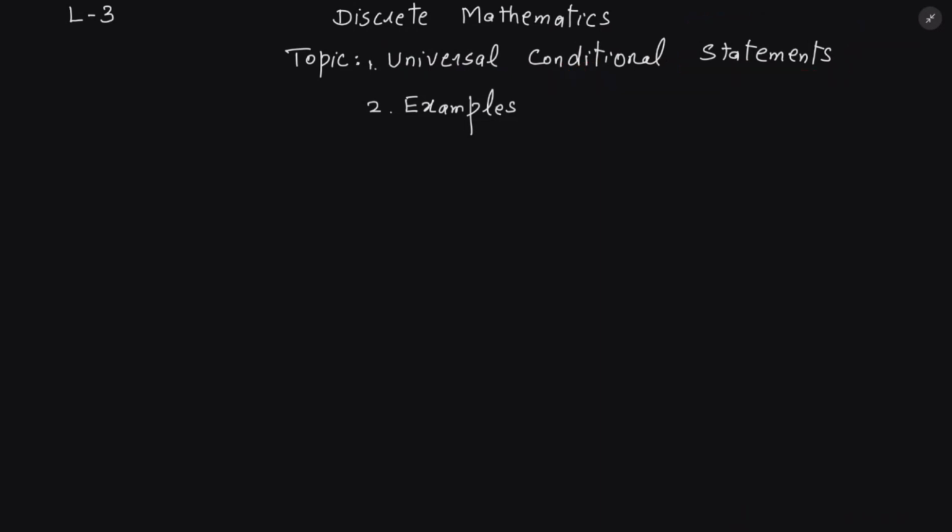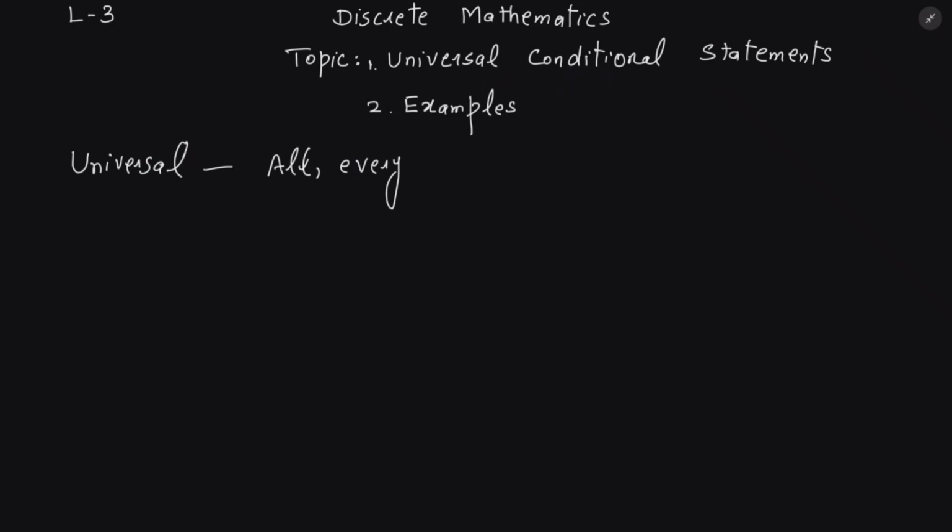In the previous lecture, we saw that universal has a keyword, for all, or maybe only all, or every. And there can be some other keywords as well.